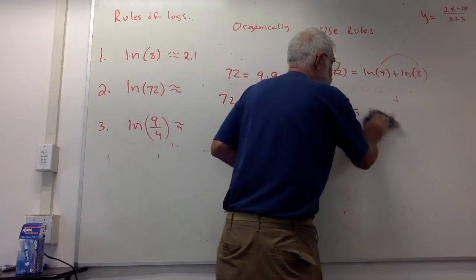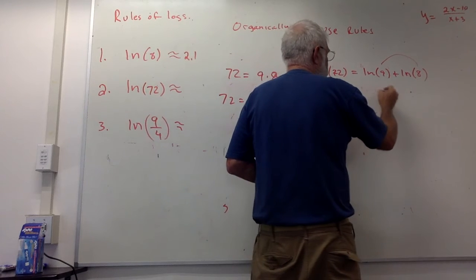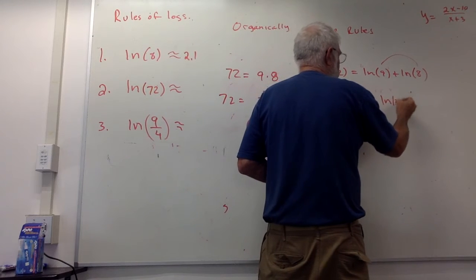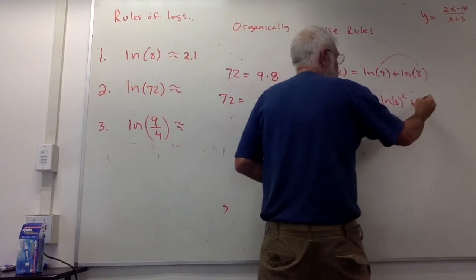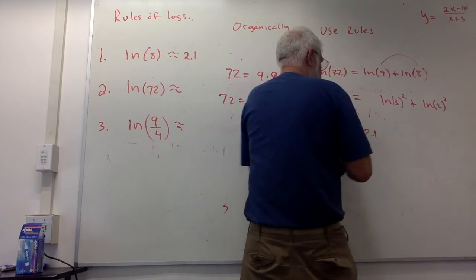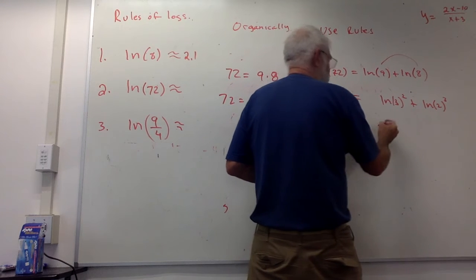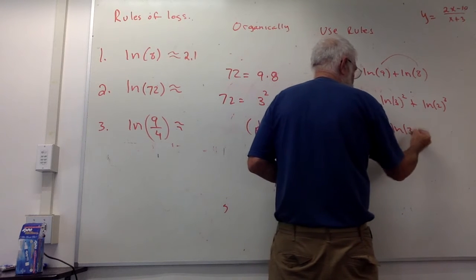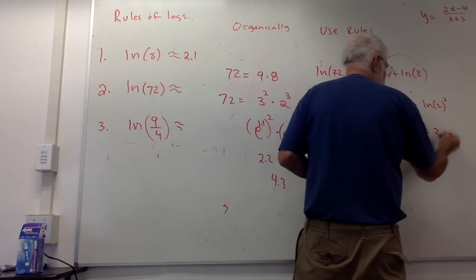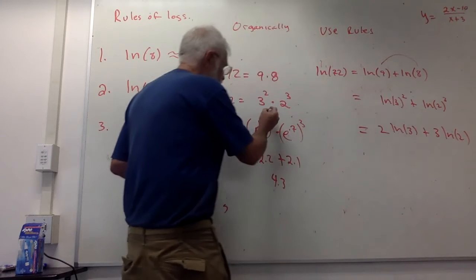So what is ln of 9? ln of 9 is the ln of 3 squared. 8 is the ln of 2 cubed. And that is the same thing, we proved it in class, as 2 ln of 3 plus 3 ln of 2. And that's taking place right here.